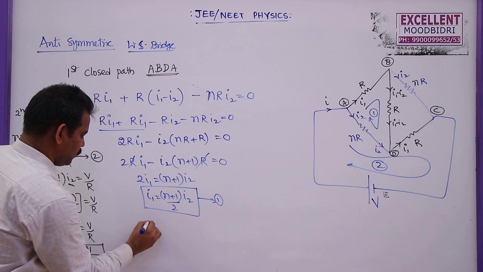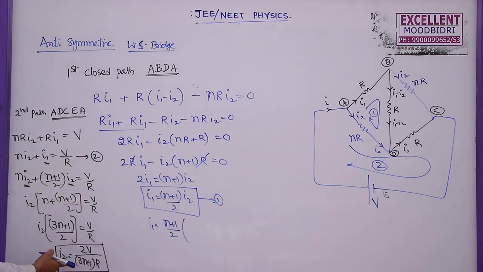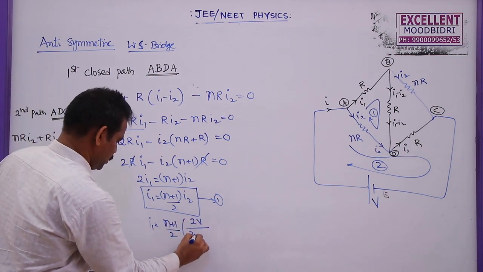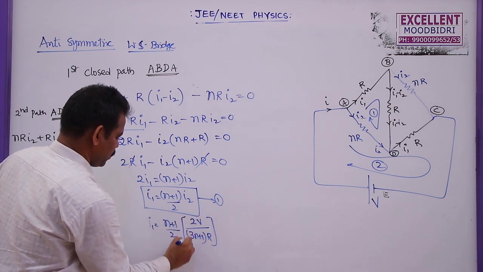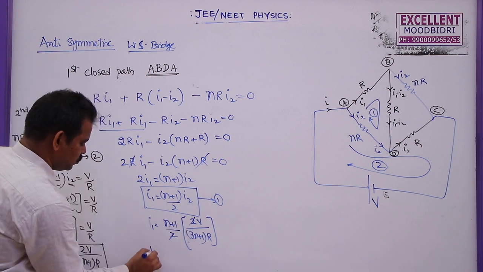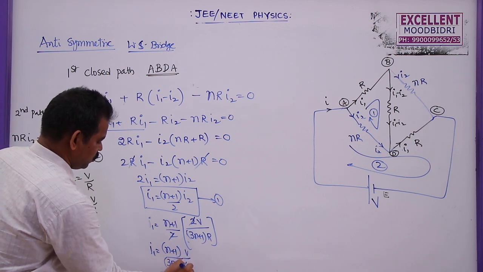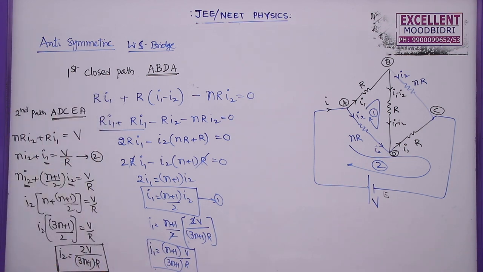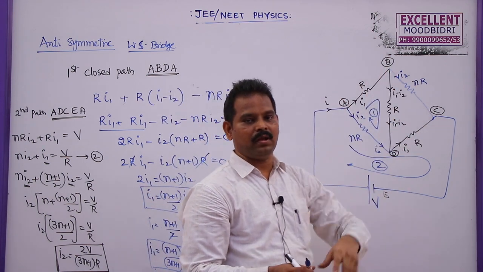Similarly, if you want to find I1, I can write I1 is equal to (N plus 1) by 2 into I2. Let me substitute I2 as 2V by (3N plus 1) into R. Now cancel 2 and 2. So I1 will become (N plus 1) by (3N plus 1) into V by R. This is the I1 value. We know that the total current I is divided into I1 and I2 because there is no I3 or I4.